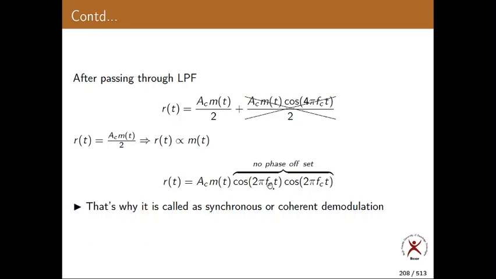But here I have taken both carriers to be exactly the same, with no phase offset, everything is the same. So that's why it's called synchronous. There is synchronization of the carrier at the modulator and at the demodulator, or coherence. That's why it's called a coherent demodulator.